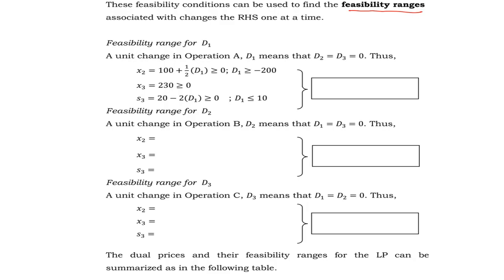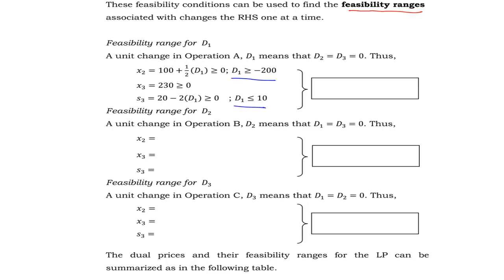Okay, second condition for variable x3 equals 230 greater than or equal to 0, because in here there is no D1 in the second condition. Okay, so next condition, s3 equals 20 minus 2 multiplied by D1 greater than or equal to 0. Therefore, simplifying this, we get D1 less than or equal to 10.